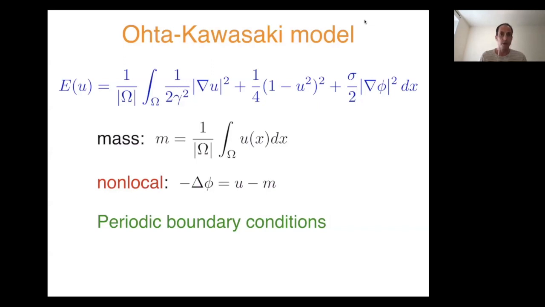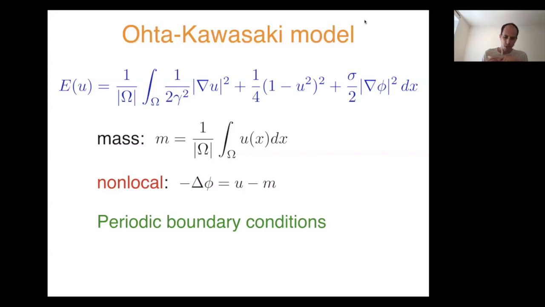Okay, so here is this free energy, and as you can see, there are 3 terms in it. U is the unknown. It is a scalar variable that is some kind of order parameter. When U is close to 1, then there are only A's there, and when U is close to -1, then there are only B's.